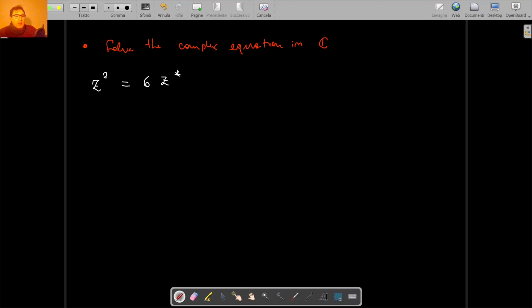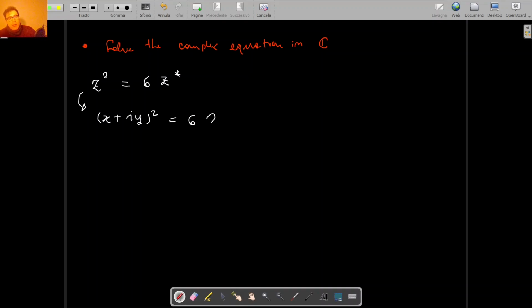So considering that we have this kind of equation with the power operator and the complex conjugate operator, the most convenient way to solve this type of equation is to represent the complex number via its algebraic form. So we write z squared, it's nothing but (x plus i times y) squared, which is equal to 6 times z complex conjugate.